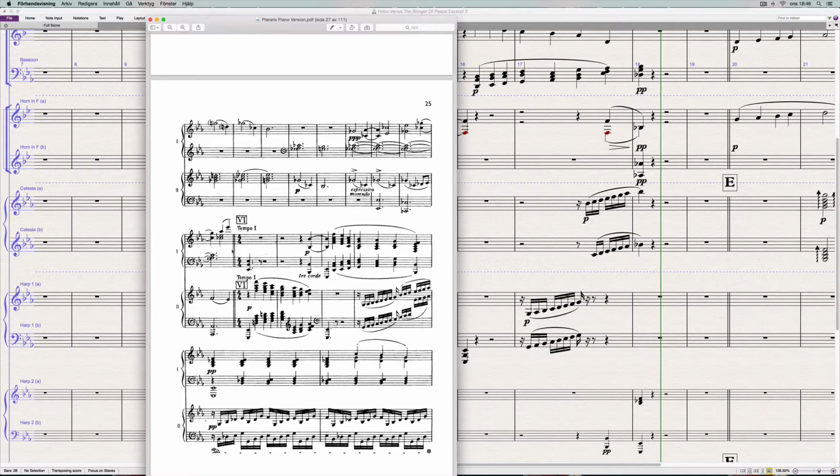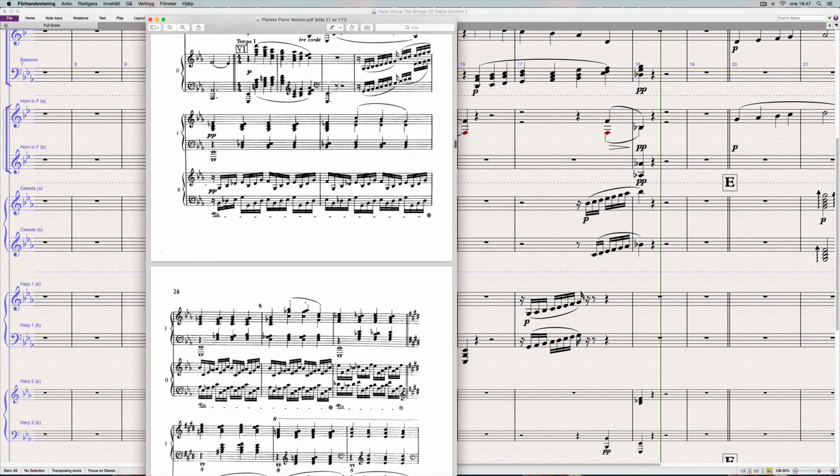They sat down and notated on the piano score what the orchestration would be. That's kind of a cool story. You would probably say, oh, this part here, it's flutes and so on. So they just wrote it down. That's a pretty cool thing.